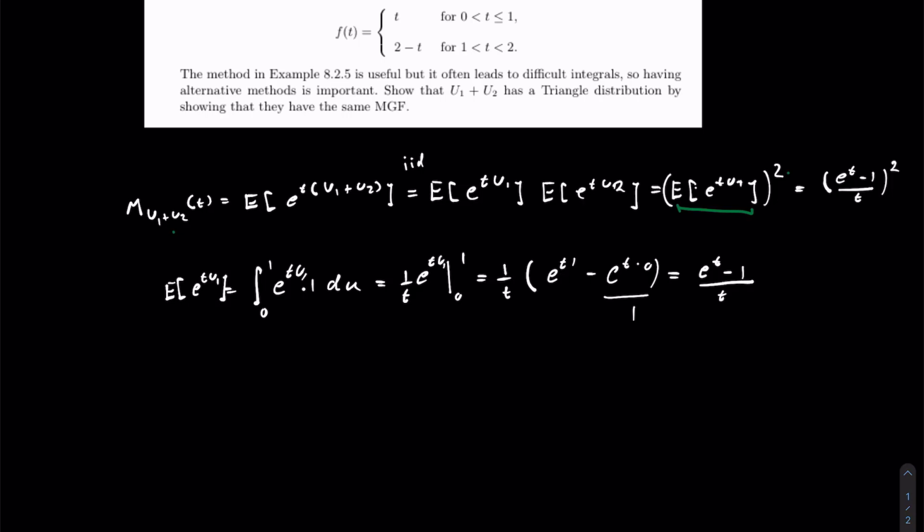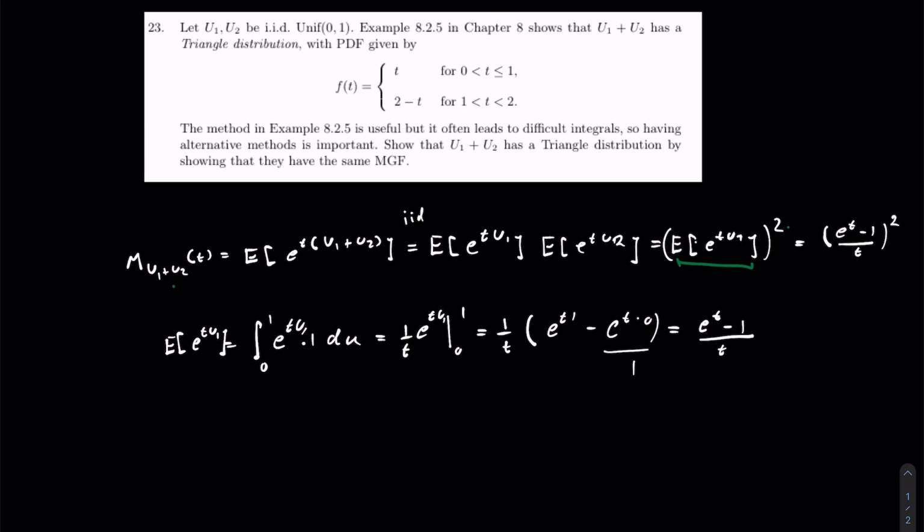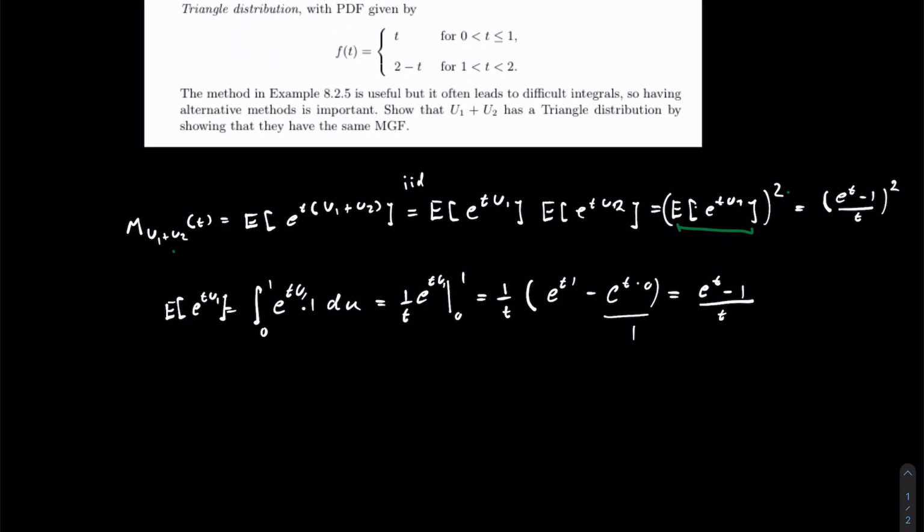Now we're going to find the MGF of any random variable that follows a triangle distribution and check whether this will be equal, and then we conclude that indeed U1 plus U2 is triangular.